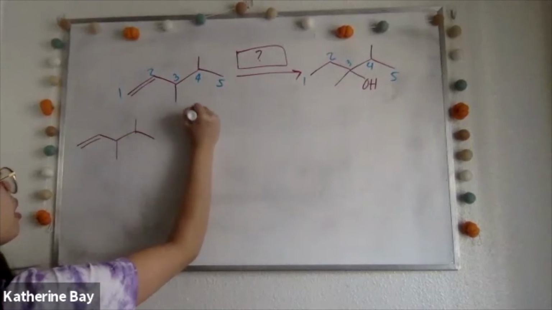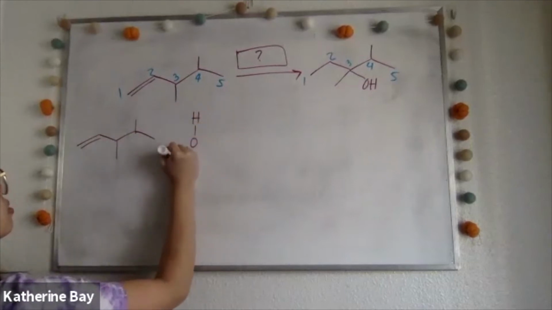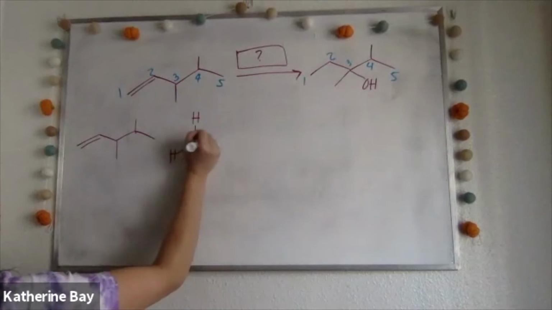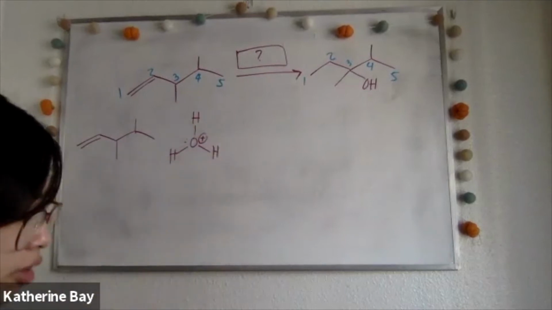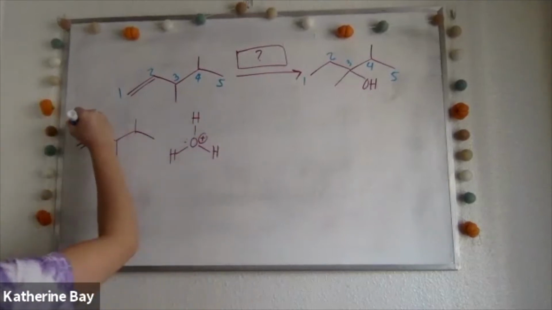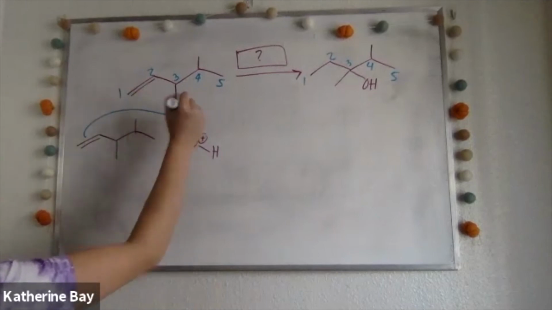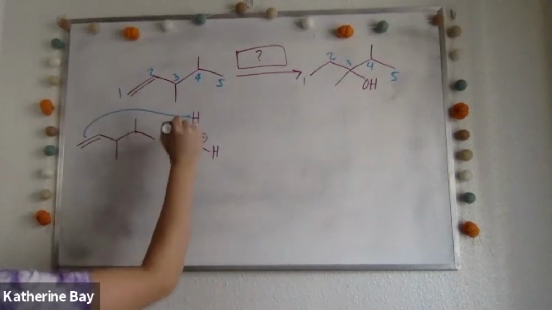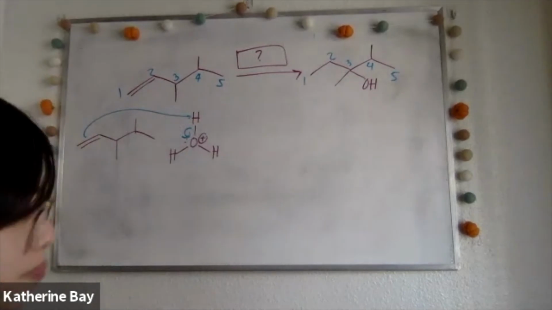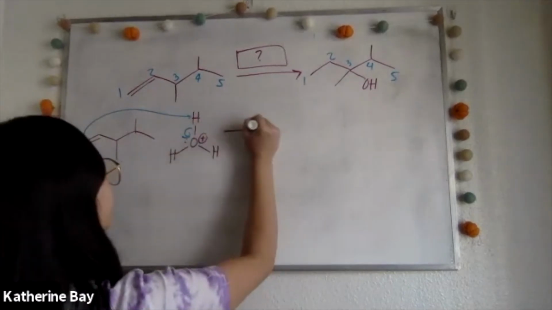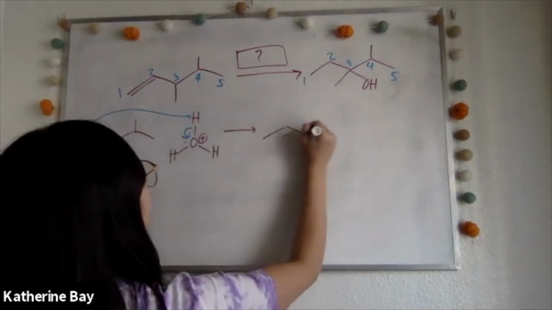So I'm going to draw out the structure of H3O+. And then the first step, the alkene is going to grab one of the hydrogens, and then the bond will form a lone pair on O. This follows Markovnikov's rule.